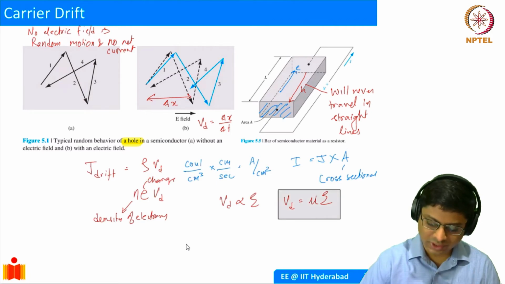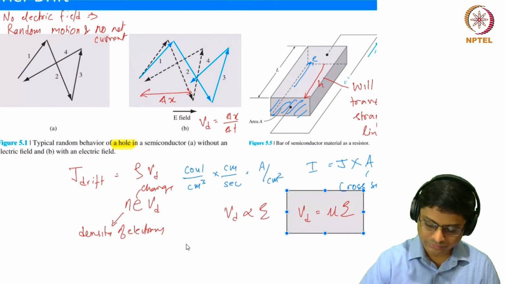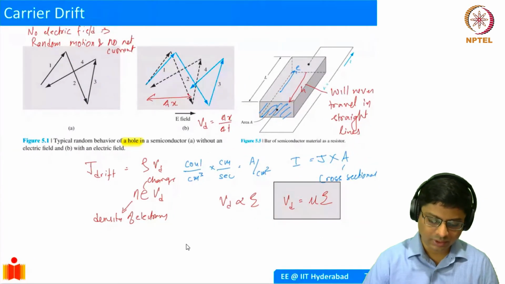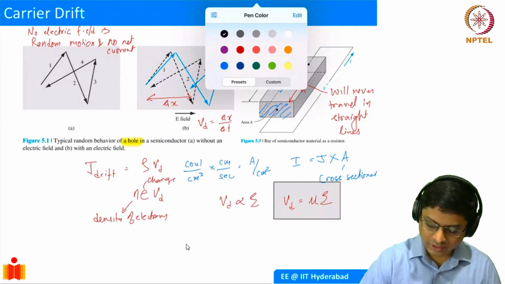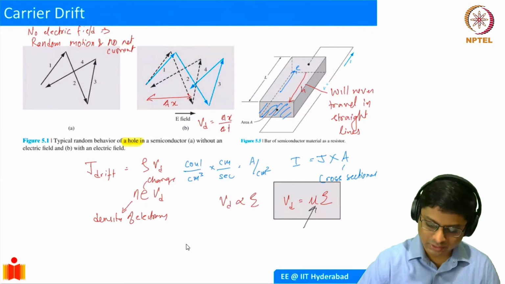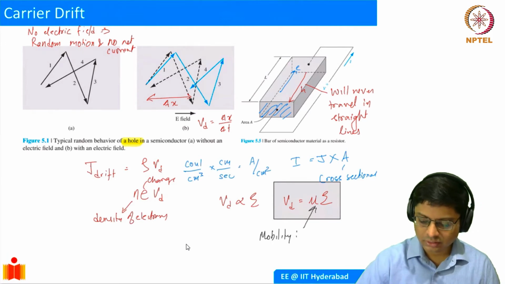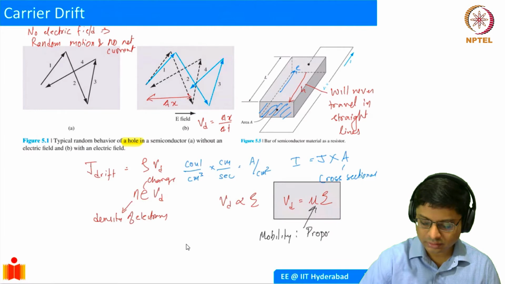So what this is telling you is that the drift velocity is proportional to the electric field, and this proportionality constant we'll call mobility.